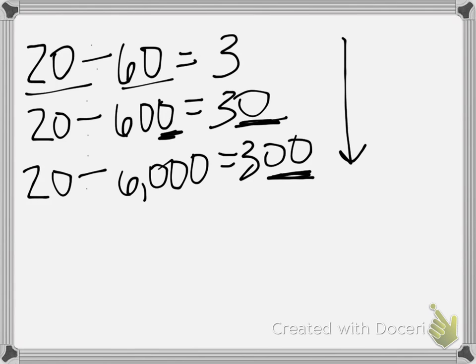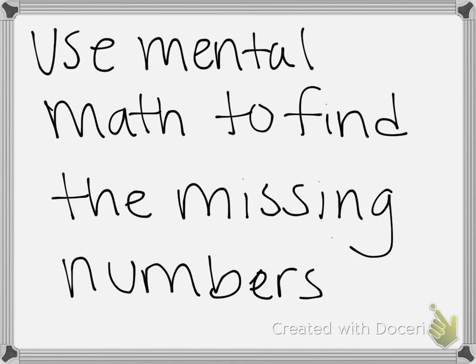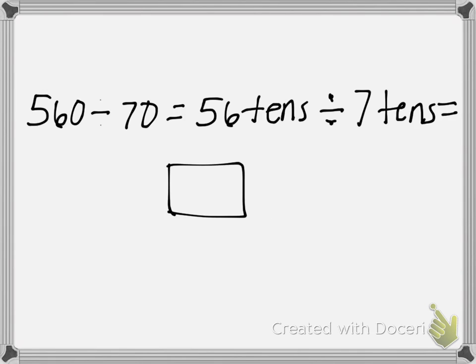So we are going to try another way to do some of these problems. Now if you come across a problem in your homework or on your practice, it's going to ask you to use mental math to find the missing numbers. And your problem may look like this. So your normal problem is 560 divided by 70.